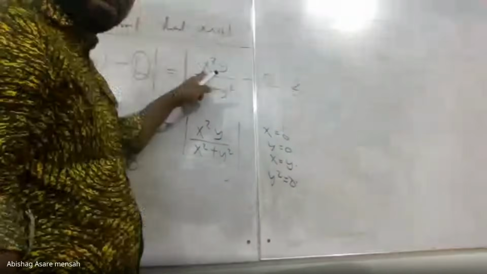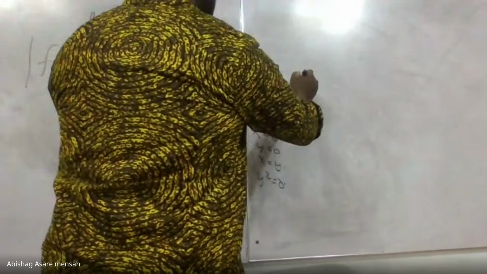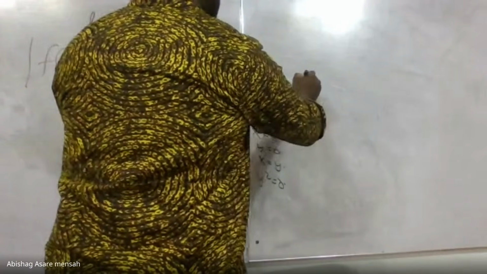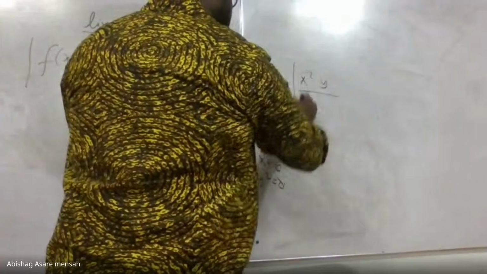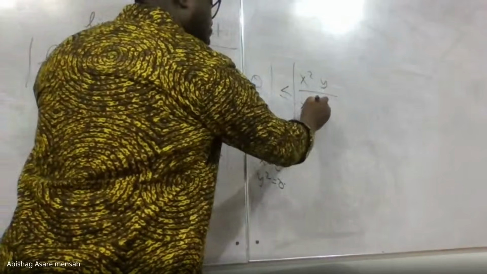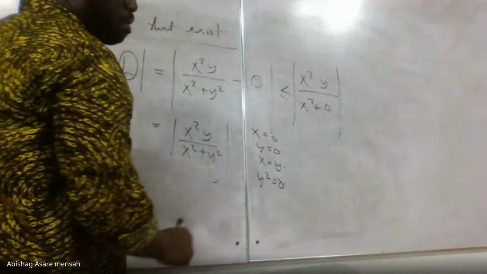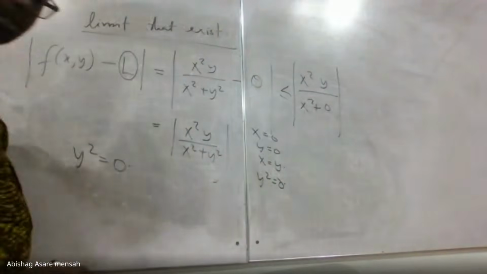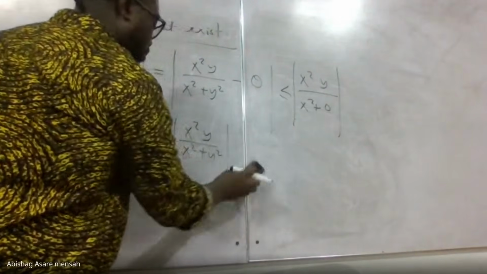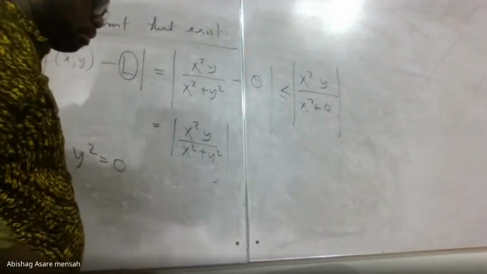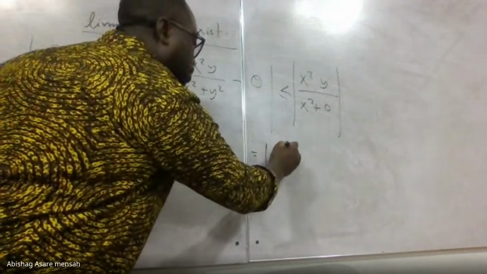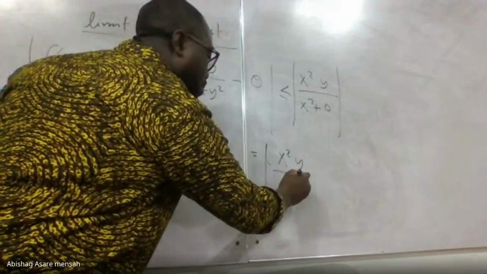I still have x squared, x squared y, and this x squared plus 0. This one will be equal to x squared y, or what? x squared.